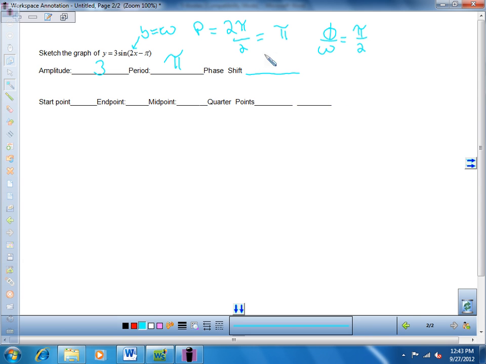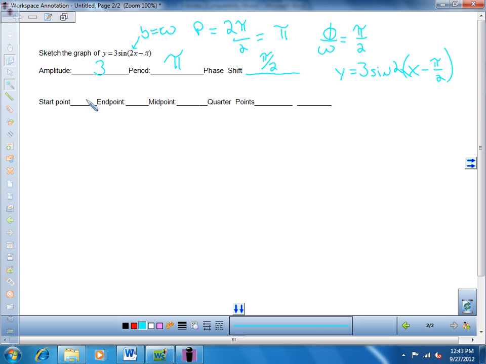Okay, so if I wanted to write this in my form, which I kind of like better, and is in a lot of books that way, it would just be y equals 3 sine of 2 times (x minus pi over 2). Okay, you see that if I multiply by this, I get this. So all they do in your book is they take this 2 and they distribute it through, because it does make it easier to put into the calculator.